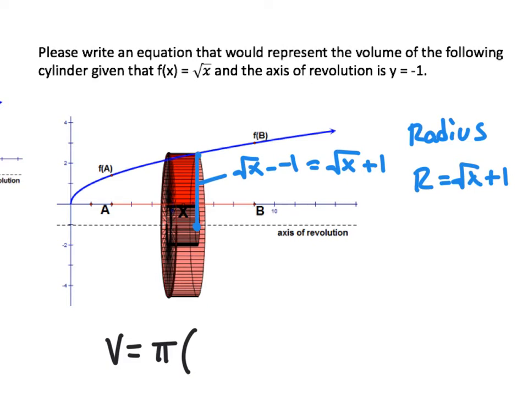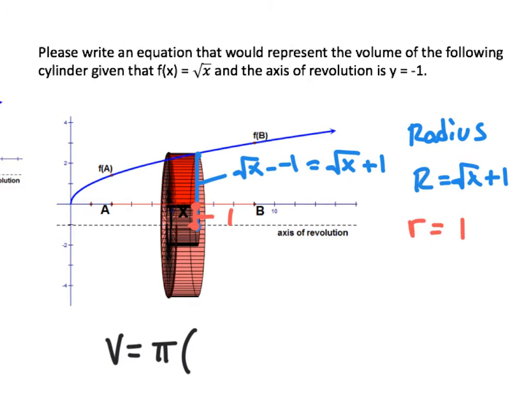Okay? And then let's find our small radius, and that's the distance from the small function, which is the x-axis, to our axis of revolution, and that is just 1. So our little radius is just 1. All right? And so I'm going to start using that terminology of the big R versus little r. This tells me my big radius.